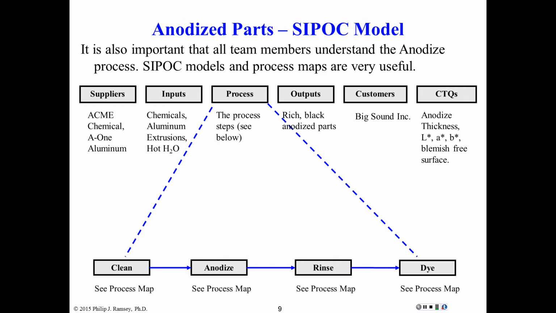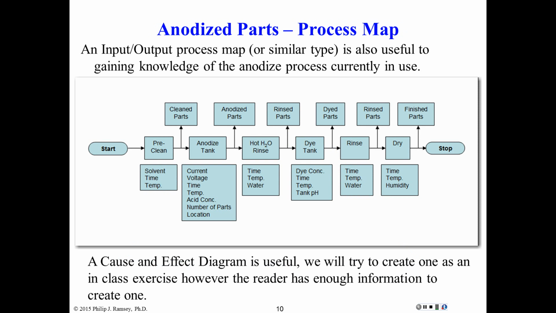Again, I like to start with a very high-level SIPOC model. I'm not going to go through the whole thing with you, but you can see here's a typical use of it. And here is an input-output process map, which gives you a good idea of how the process flows, what the process step variables are, what the measured outputs are at each stage.